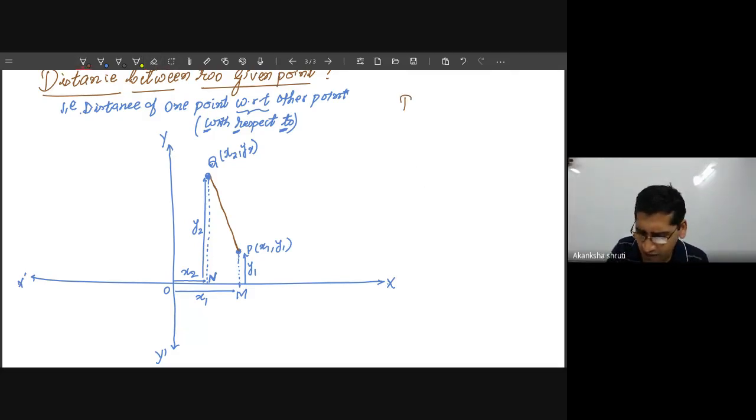Whatever this PQ is, it is called distance, or the formula to get this value of PQ is called the distance formula between P and Q.